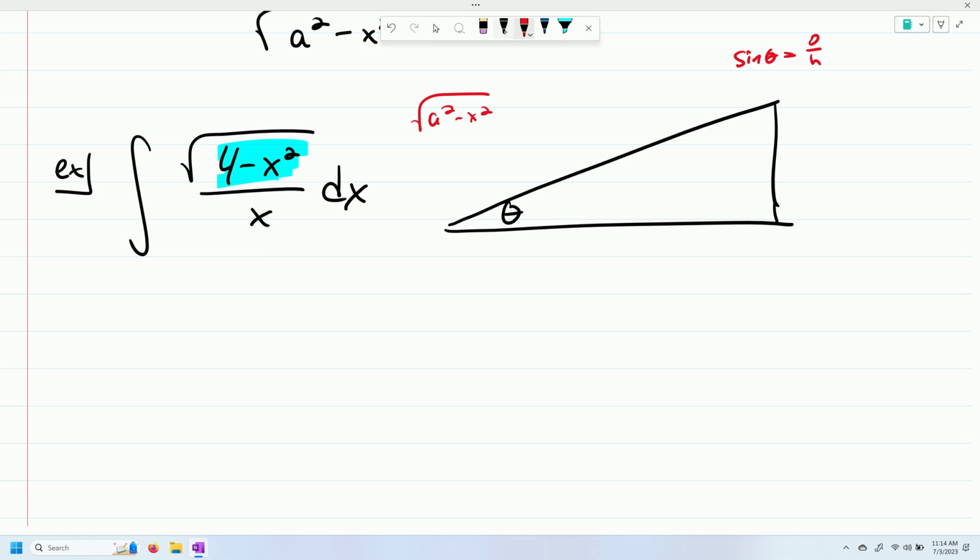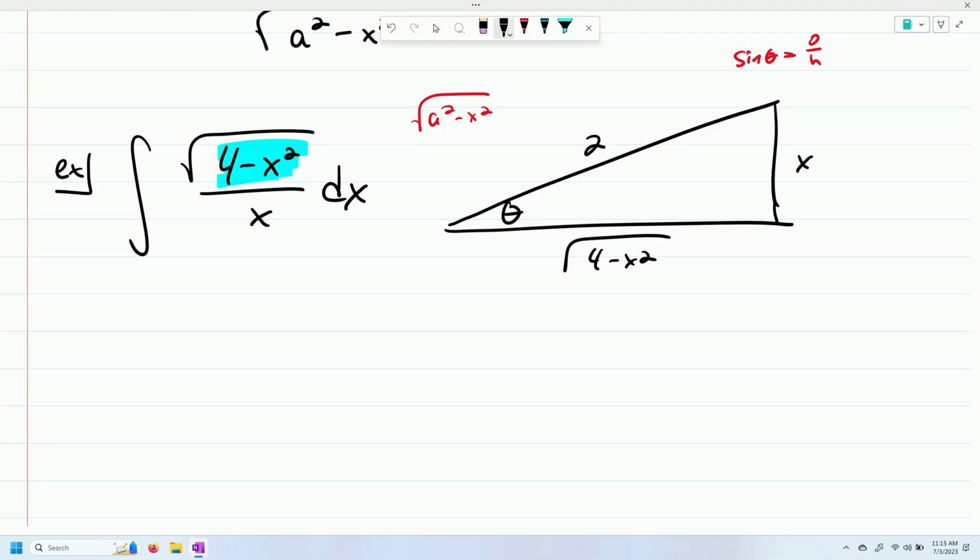So the opposite of sine is going to be x, and the hypotenuse is going to be 2, because remember, it's the square root of 4, so that's going to be 2, and then this will be the square root of 4 minus x squared.